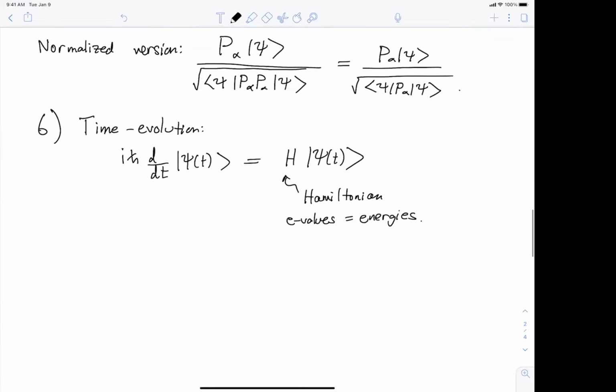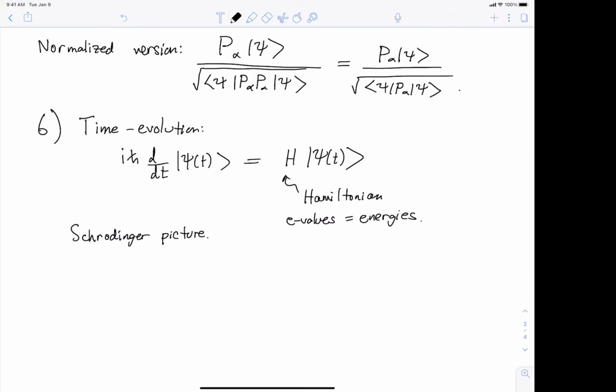Now, one thing that we will get into later this semester is that we're taking this as a postulate, but some people would say that this is really what's known as the Schrödinger picture of quantum mechanics.